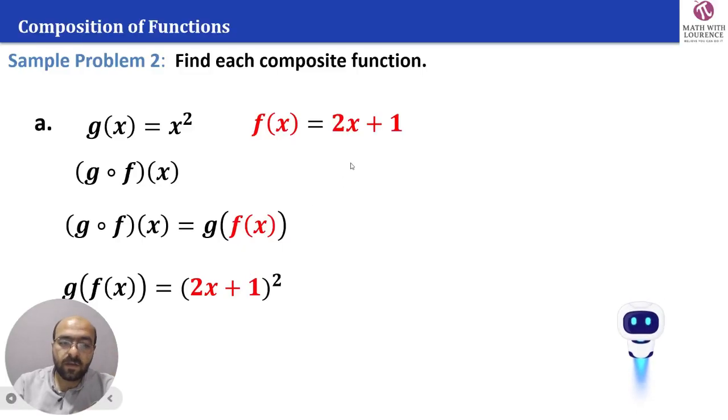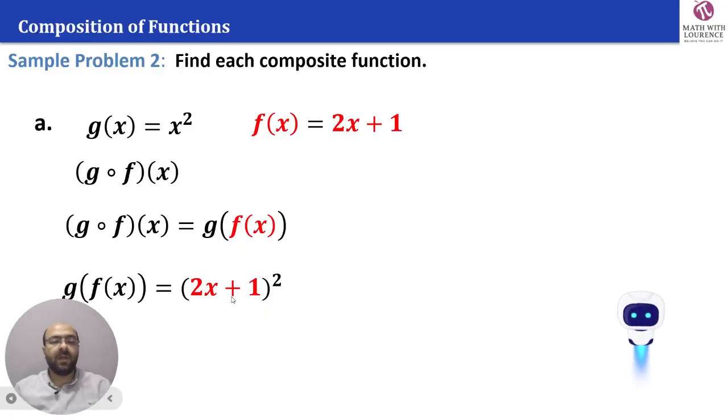Now everything is set up and I just need to simplify. So I repeat: I have g of x equal to x squared, I open two brackets squared because I will remove x, and I write f of x, so 2x plus 1 here.